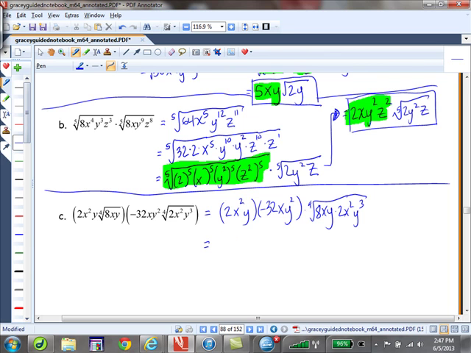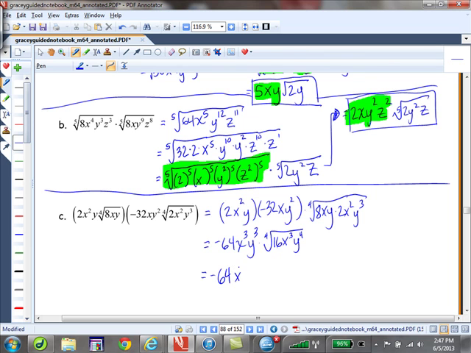Now, 2 times negative 32 is negative 64. X squared times x to the 1 is x cubed. Y times y squared is y cubed. Times the fourth root of 8 times 2 is 16. X times x squared is x cubed. Y times y cubed is y to the fourth.